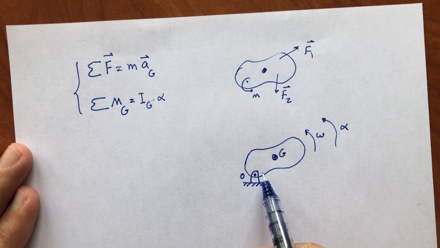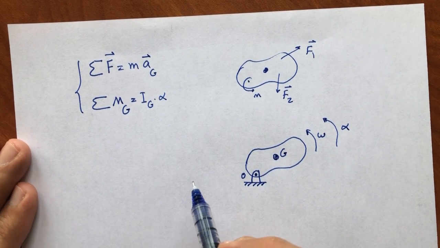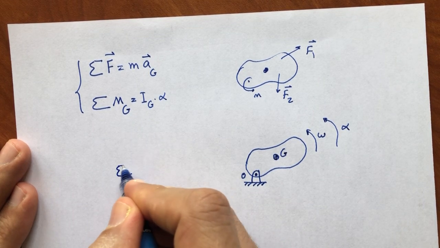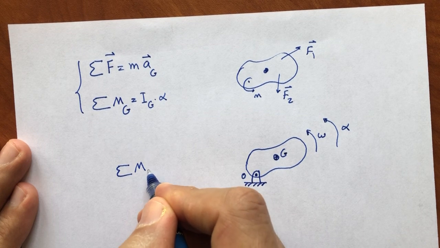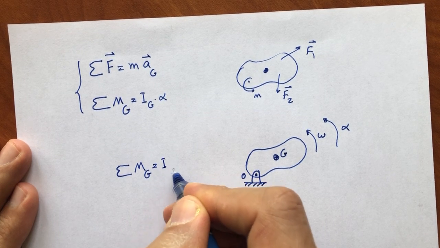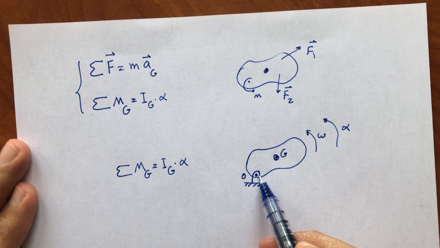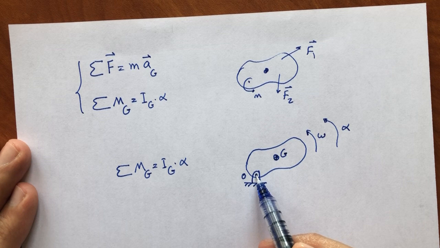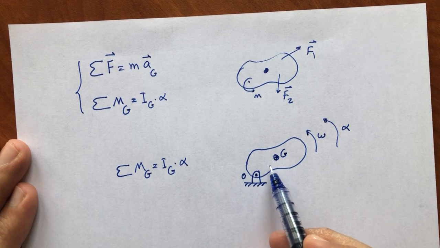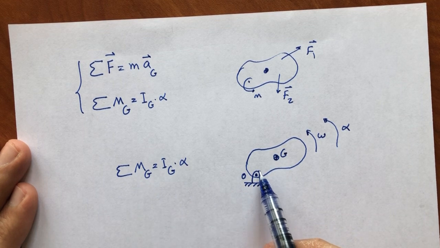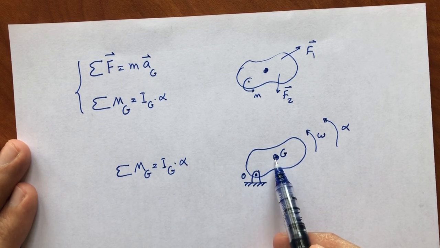In this specific case, we can use this equation too. We can use sum of the moments about the centroid is equal to I about the centroid times alpha of it. But when we are using this equation, you need to consider the reaction forces that we have at O, and find the moment of them about point G as well, right? Because we need to take the moment of all the forces that we have about point G.